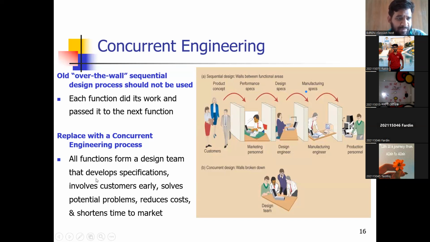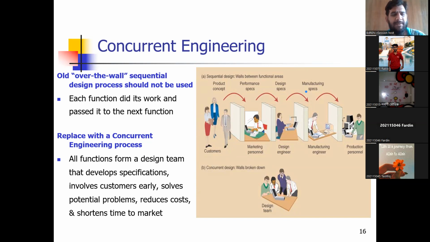That develops specifications, involves customers early, solves potential problems, reduces cost, and shortens time to market. That means you are doing it together. Doing it together is known as concurrent engineering. It is also like the team approach.